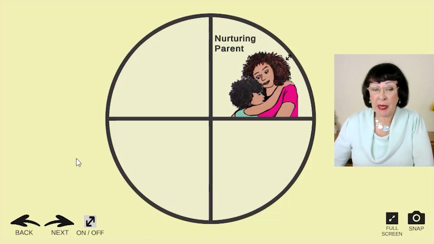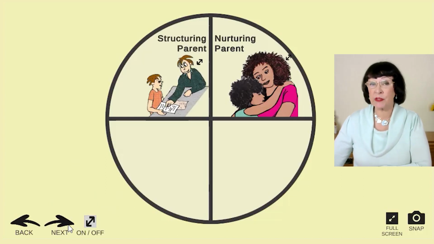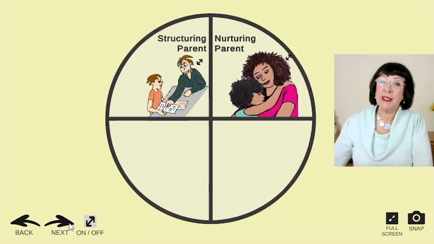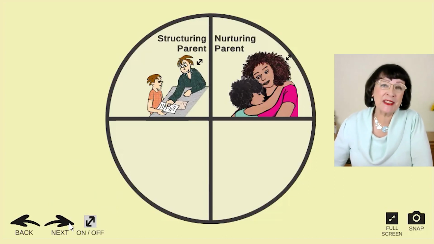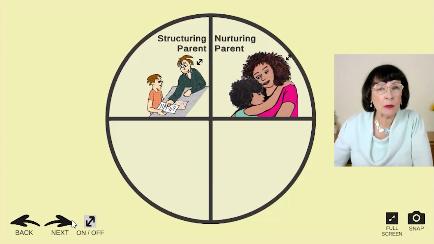The structuring parent is the next one. If I click on next, we've slightly changed the language of TA there, which I'll explain in a moment, as many other companies have done. The structuring parent, as well as nurture, we need guidelines for living. And this is things like boundaries, kind discipline that makes sense to us, and the ability of the parent voice inside our heads to guide us and to help us be safe in the world, also consider other people.